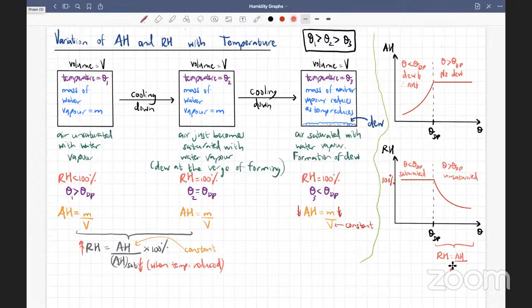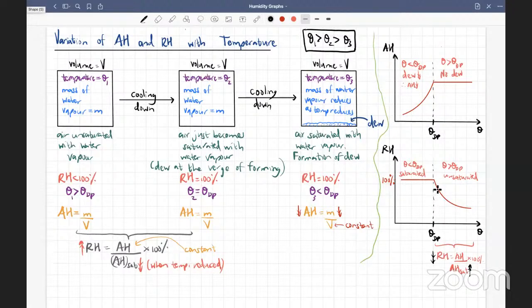RH = AH / AH saturated × 100. When you increase the temperature, the absolute humidity of saturated vapor also increases. That's why RH reduces. And we know when the denominator increases, the fraction is going to reduce. That's why this shape. Okay, people.